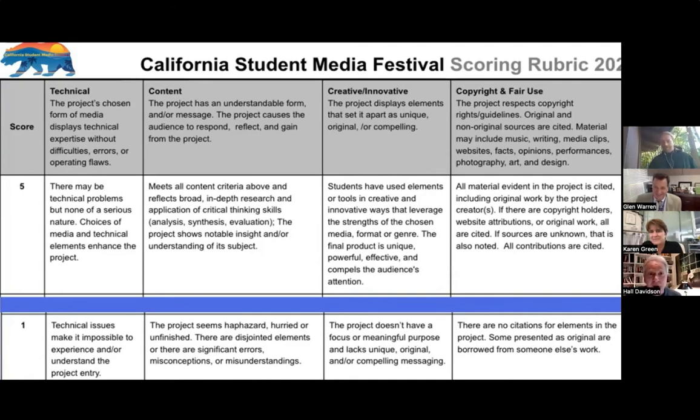You're assuming that the teacher is using their fair use discretion in the classroom. It's when they leave it out completely that we try to make a note about that. And a 5 would be all the material is cited. Again, you don't have to be totally crazy about this, because if they've cited a lot of stuff, that means they've learned about the importance of citations, and we're happy.